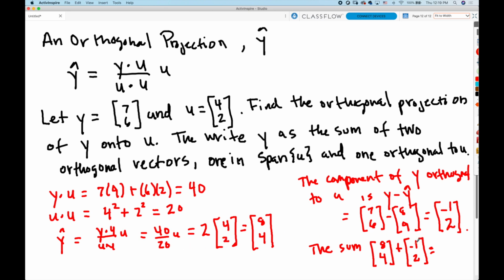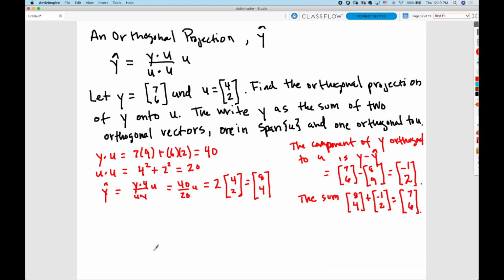That's going to give me 7, 6. Okay, so that's y tilde plus y minus y tilde. We're going to call that y.